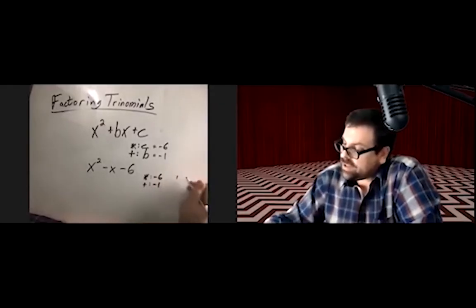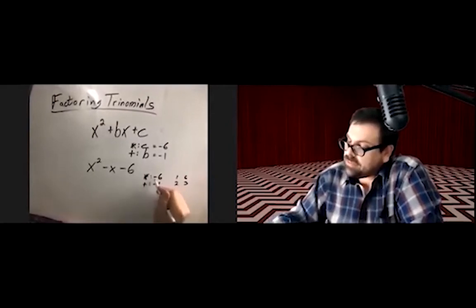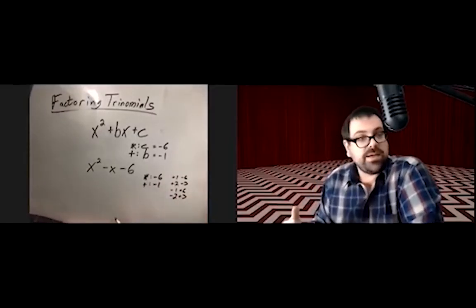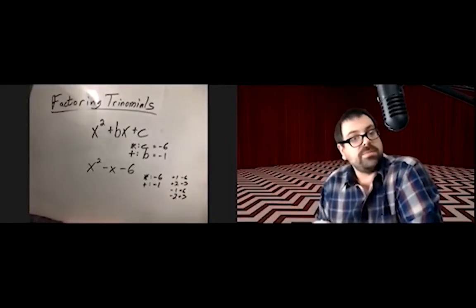Well, we have 1 and 6. We have 2 and 3. Since it needs to multiply to be negative, one of them needs to be positive, one of them needs to be negative.